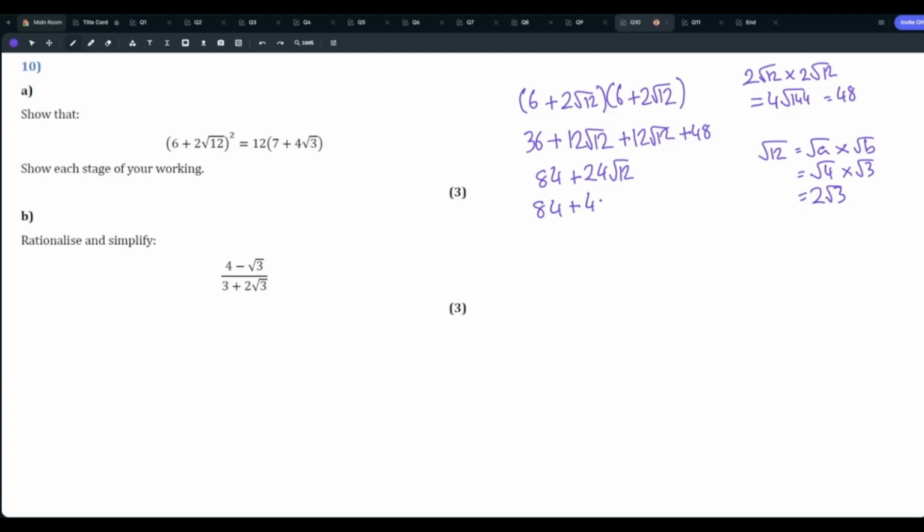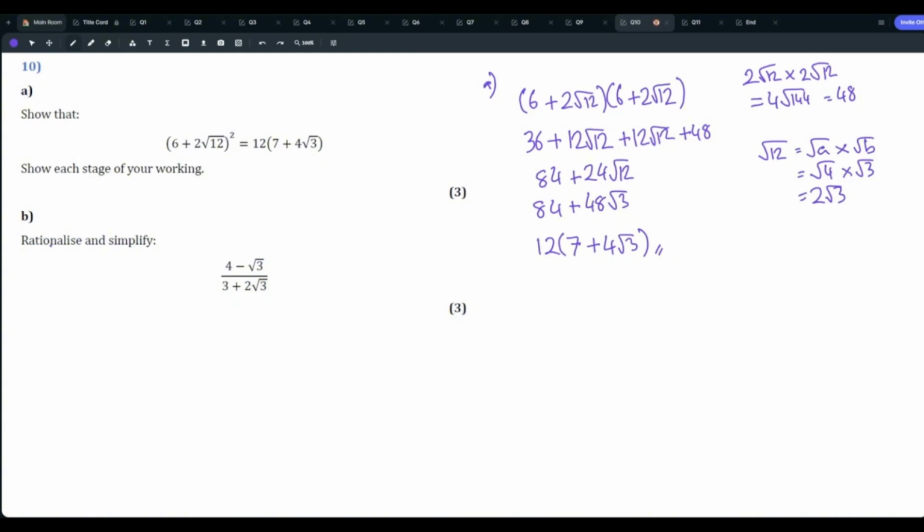Well, that'll just be 48 root 3. Now it's ready for factorizing. As you can see, we can factor out 12. Open brackets, 12 times 7 is 84. Positive 4 will give me 48. And then just leave the root 3 inside. And we have done what is asked, so that's done.